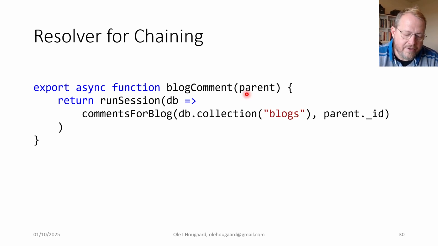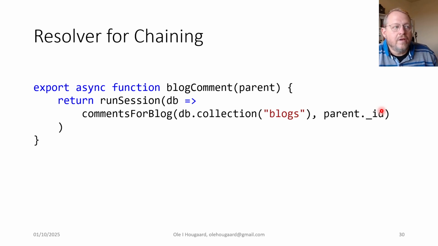So we get the parent, and then we use the parent._id to figure out which blocks comments we want, because presumably the comments in this collection are pointing back to the parent.